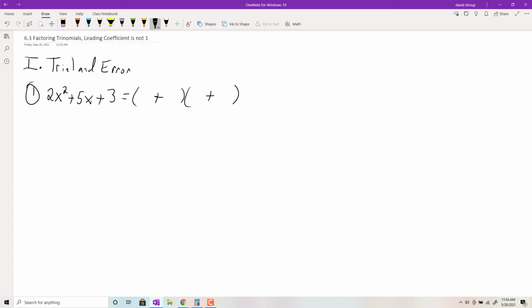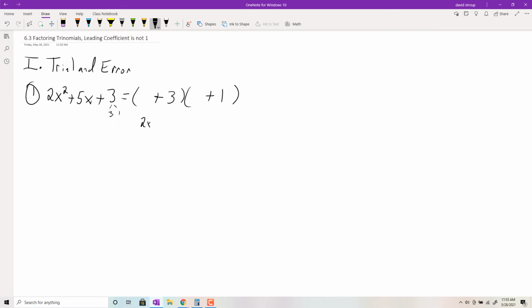For example, this number 3 only has one possible factorization. It has to be 3 and 1. And so you could tack that into place. It could be 1 and 3, but because of the pluses, it's going to be this shape. And that's just a matter of figuring out which version it is.